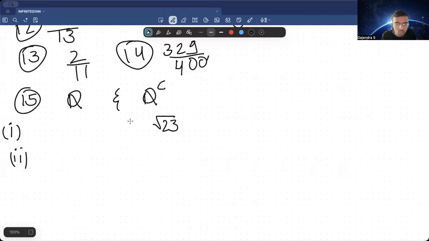Correct. So this is irrational. Again, root of 255, then again rational or irrational? Sorry, it was not 255. It was 225. My bad.